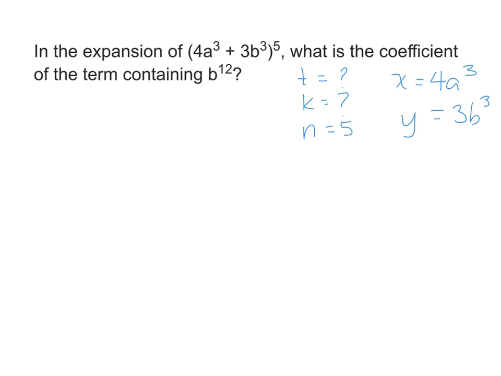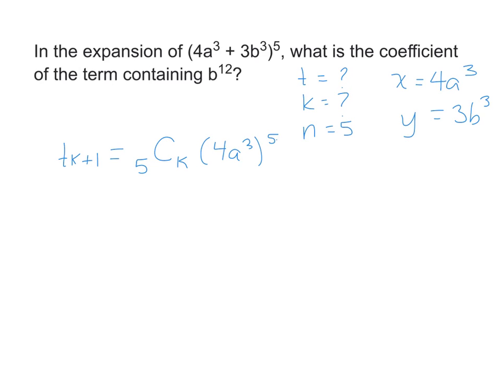I'm trying to find t k plus 1. I don't know what k is. So I'm just going to do 5 choose k. And then I'll put in the 4a cubed to the power of 5 minus k.